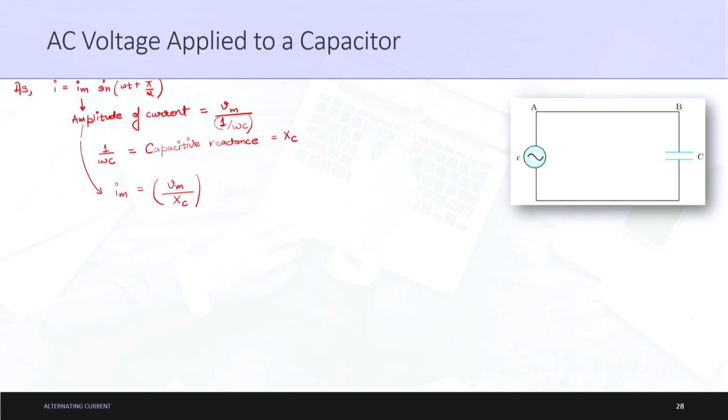Why is that the case? Because we are trying to denote a quantity analogous to resistance. Omega c is not a resistance, omega c has a unit of 1 upon ohms. 1 upon omega c has a unit of ohms, and that is why X c is equal to 1 upon omega c.